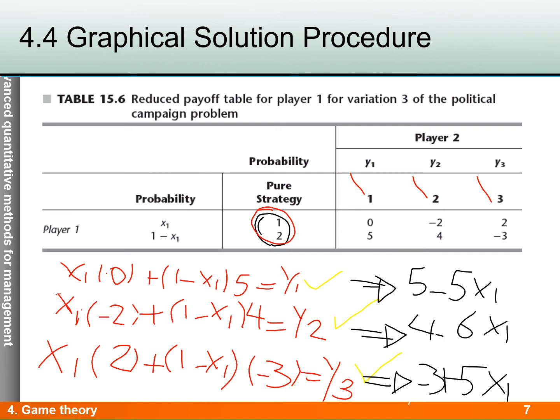As you see here, guys, these are equal to y1, y2, and y3. As you see, there are 3 different lines that we draw. In the next slide, we'll see what happens and which is our solution.